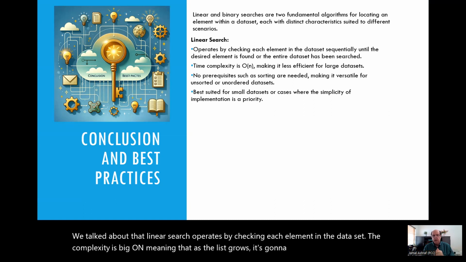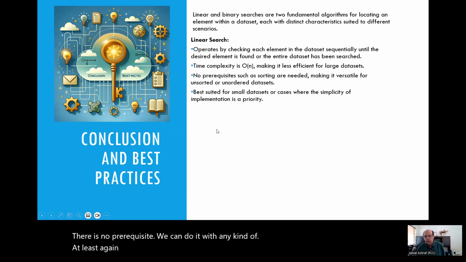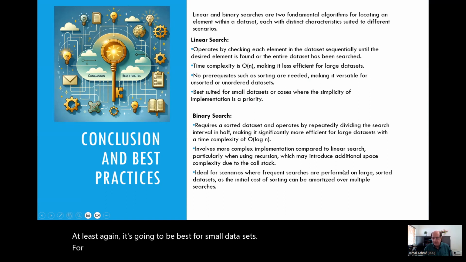There is no prerequisite. We can do it with any kind of list. Again, it's best for small data sets. For binary search, it has to have a sorted list, otherwise it's not going to work. The complexity is big O log n.